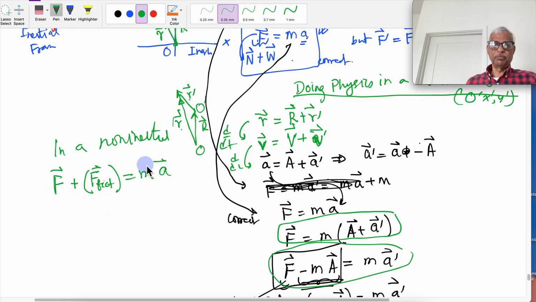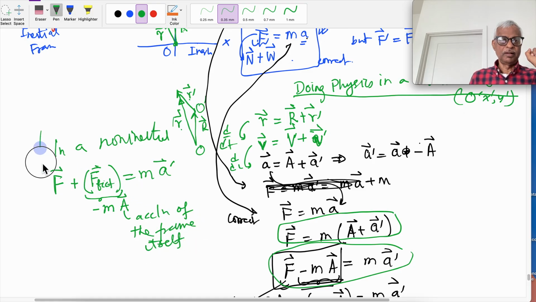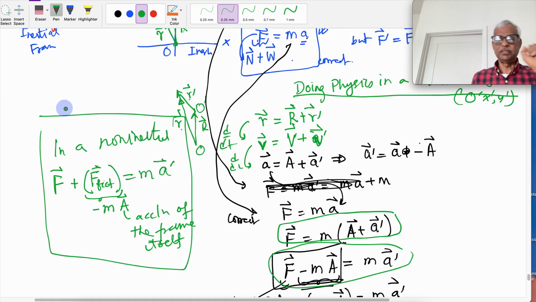This will be the non-inertial frame, and of course we go to prime here, but let's call it prime just for the sake of today. You don't have to remember prime or non-prime, those things are just up to us. And this is just equal to mass times acceleration. This is the acceleration of the frame itself. So this is the way we'll do it.